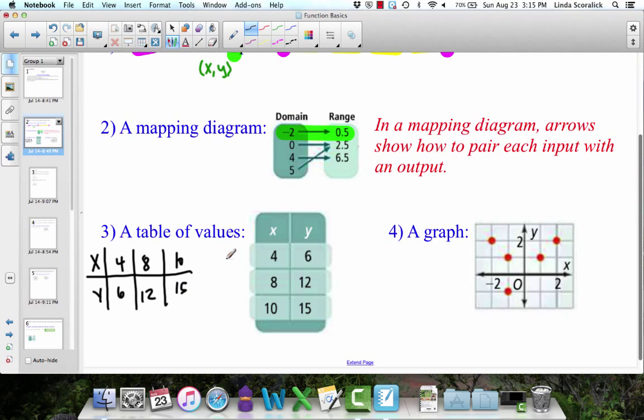It conveys the same exact information, it just looks a little bit different. The final way that we can express a relation is using a graph, and you can see a graph here. We took these distinct input and output values, so these ordered pairs, and plotted them in the coordinate plane.